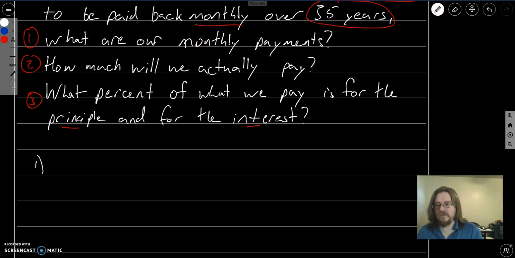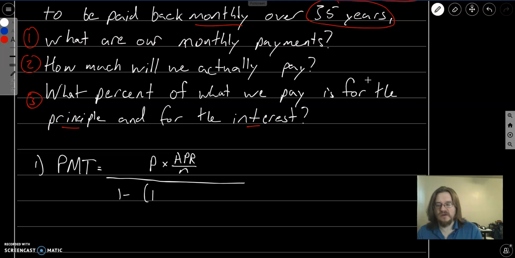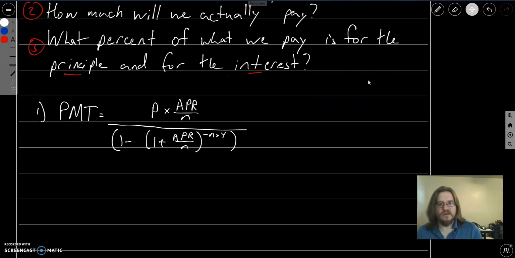So let's write down our formula here. For part one, our payment is going to be our principal times the APR over N, divided by 1 minus (1 plus the APR over N), all of this raised to the minus N times Y. And we can start writing down a few things that we know.